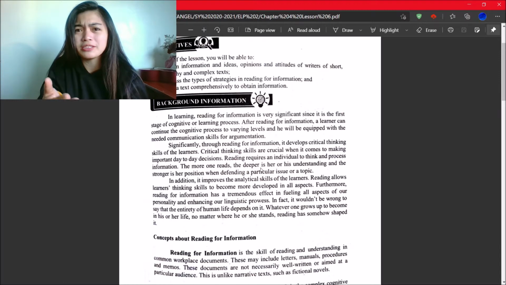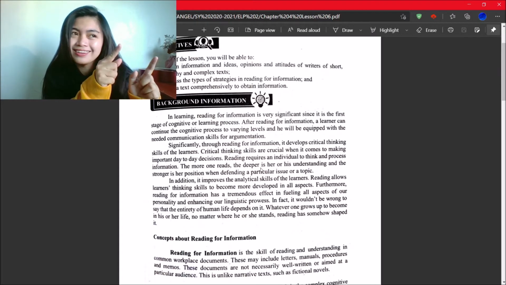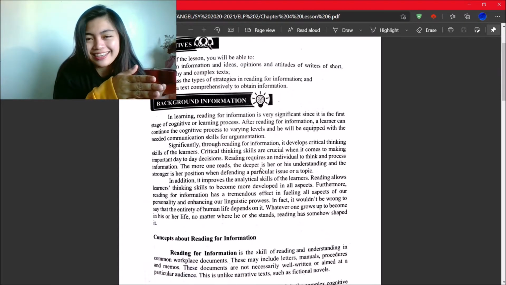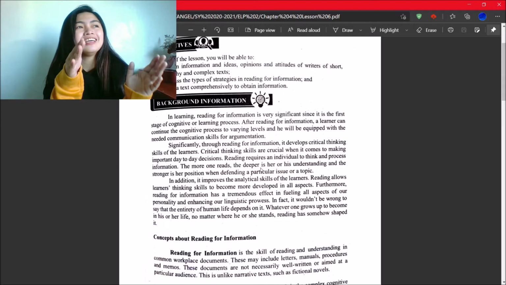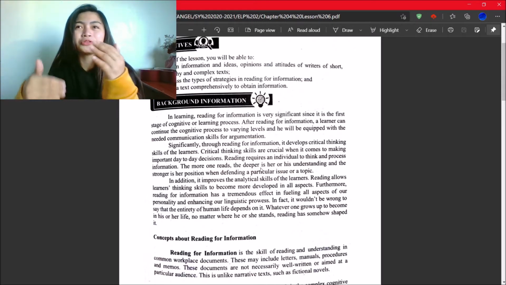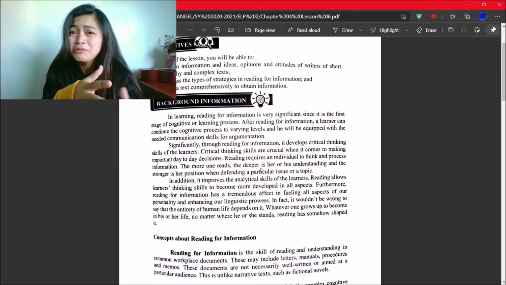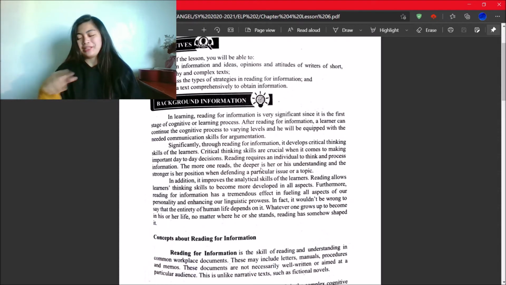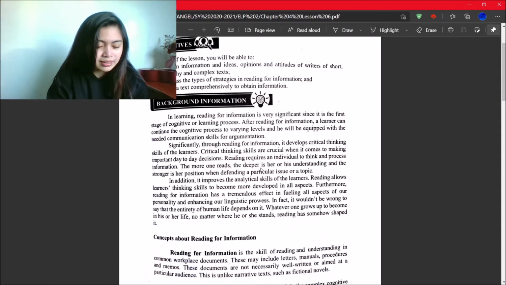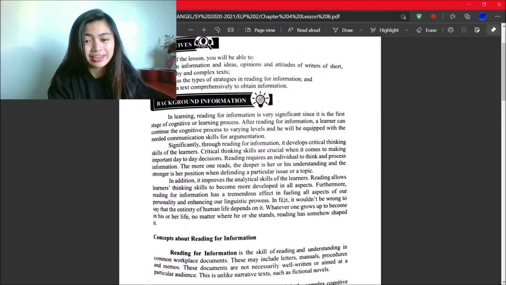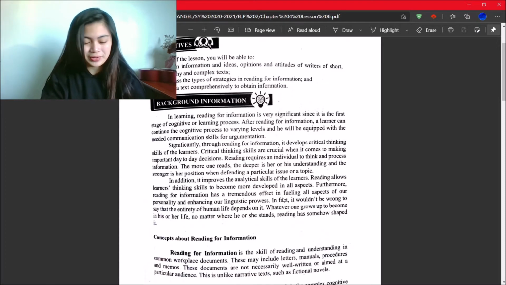So that's the importance of reading because it allows us to not only focus on that one little information, it allows us to travel and make new ones. Parang ganon. And it has a tremendous effect in fueling all aspects of our personality and enhances our linguistic prowess.